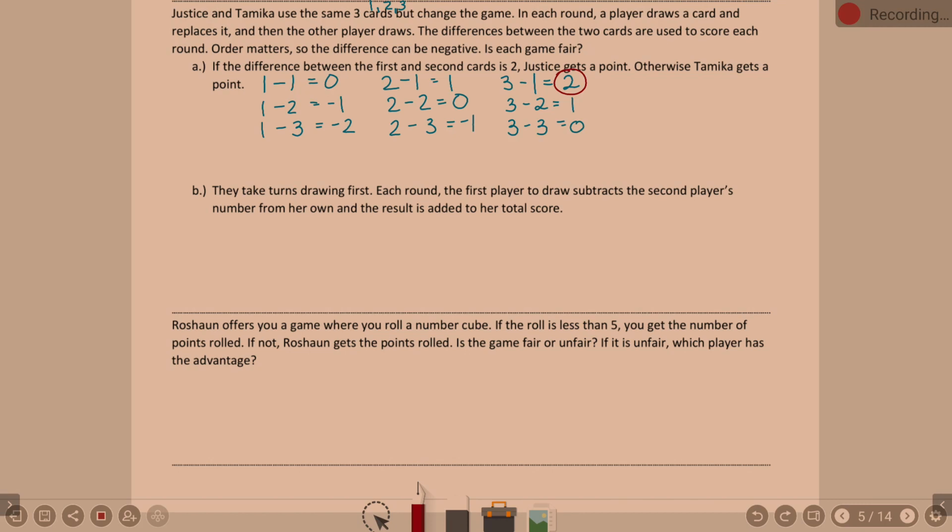So there are more ways for Tamika to score points. So Tamika has the advantage. So, is the game fair? No. More ways for Tamika to score a point.